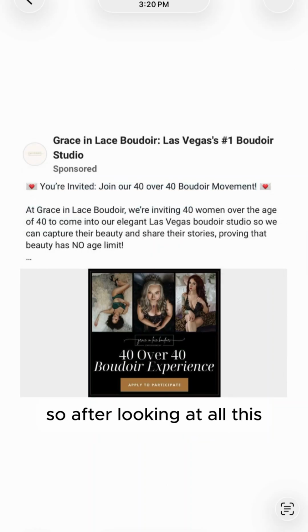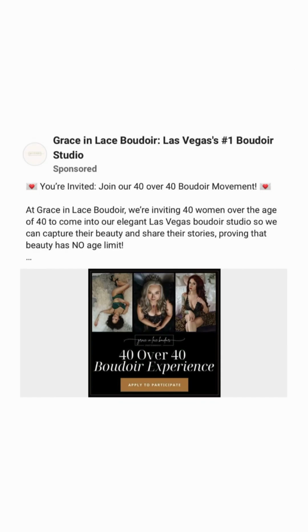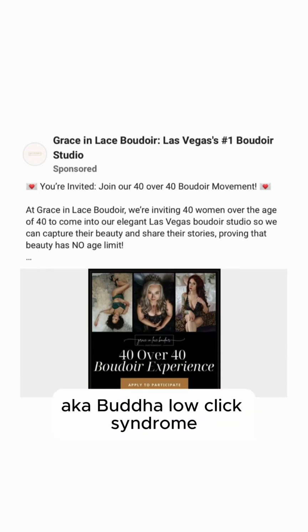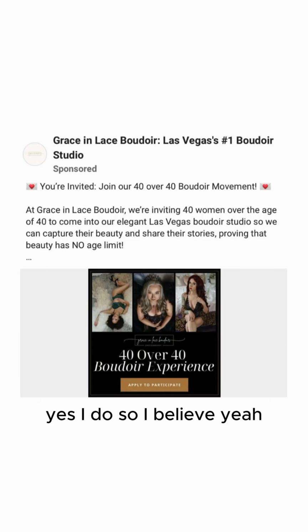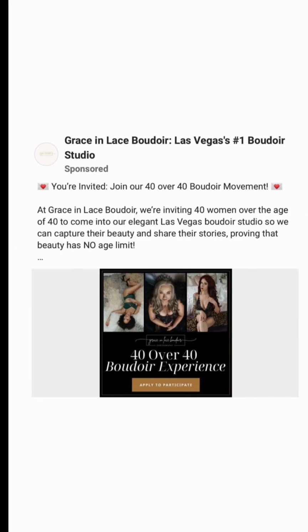So after looking at all this, do I believe this Boudoir Facebook ad has a unique CTR under 6% and therefore has BLCS? Yes, I do. My diagnosis is that yes, it most likely does have BLCS, Boudoir low click syndrome.